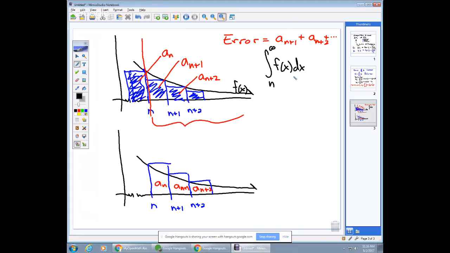And which is bigger here, the error or the integral? The integral is bigger because it's above the rectangles, right? So the integral is greater than my error at that point.